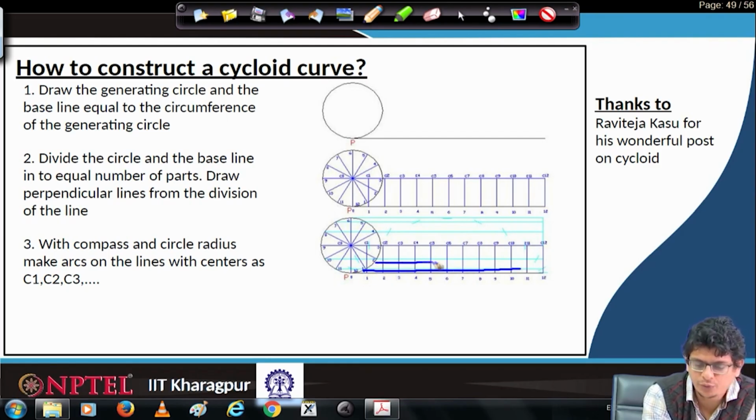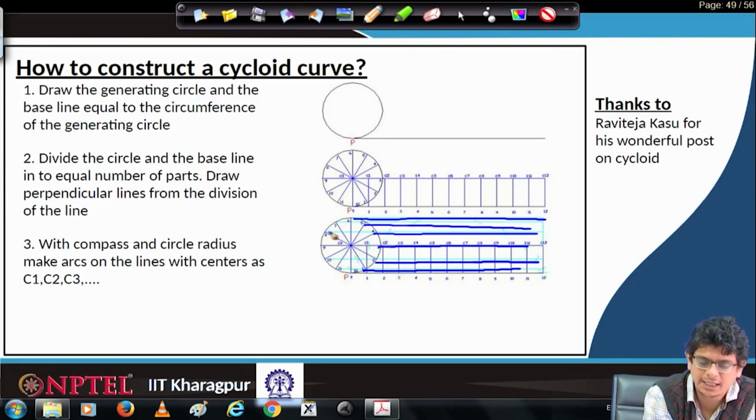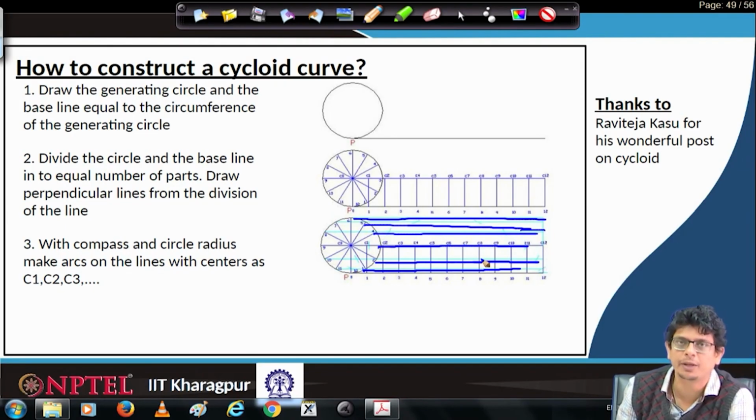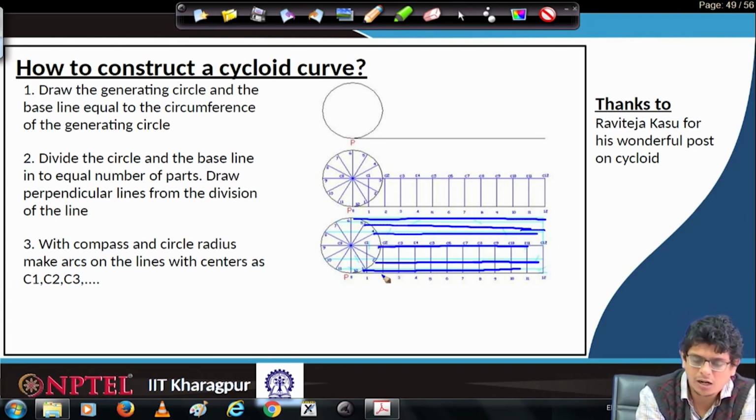Similarly, from point 2 we draw a parallel line, from 3, 4, 5, 6, again from 7, 8 and so on, we repeat all the way to this point P. After that, using a compass, we locate the intersection points of the curve on these horizontal lines. So, after dividing this circle into 12 equal parts, from 1, 2, 3, 4, 6, we draw horizontal lines.